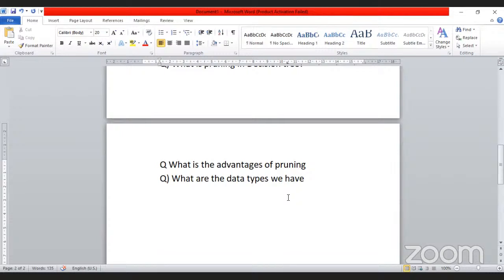Continuous data types means we have continuous values like 1, 1.5, 2, 2.5, 3, 3.5. And discrete means 1, 5, 7, 6, 8, like this. For example, time is continuous data.